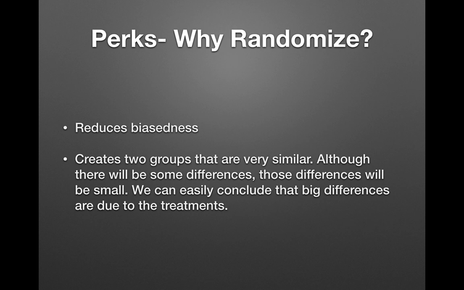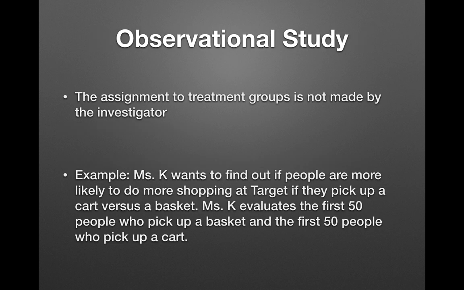It's just not going to happen because we don't live in a perfect world. But if you conduct a randomized experiment, those differences between the two groups are going to be very small. And so when we see big differences, when we see something very, very different between the two, it's easy for us then to conclude, well, it's probably due to the treatment that one of the groups is getting.